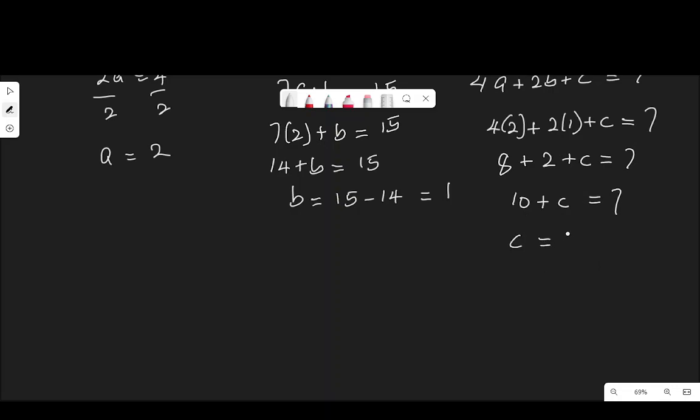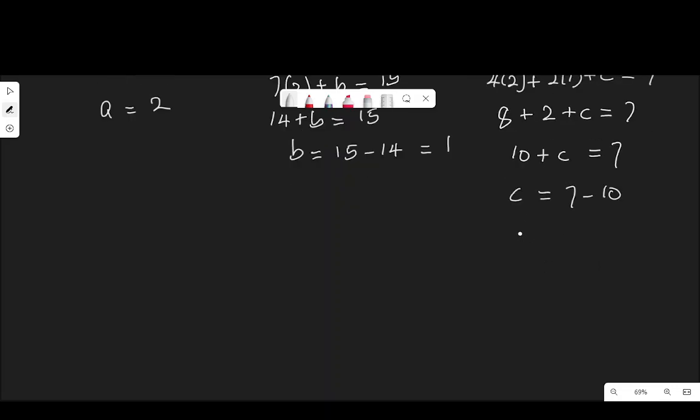C therefore is 7 minus 10. C equal to minus 3.